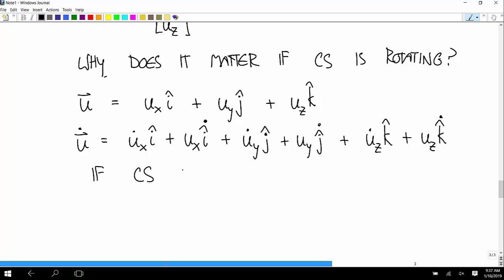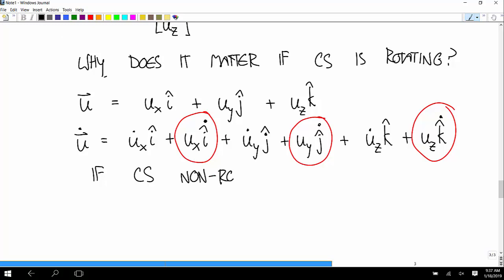So these things, what the hell are those? If the coordinate system is non-rotating, i dot and j dot and k dot are 0. So it's no problem. Those go away. But if the coordinate system's rotating, we need to come up with a way to represent those.